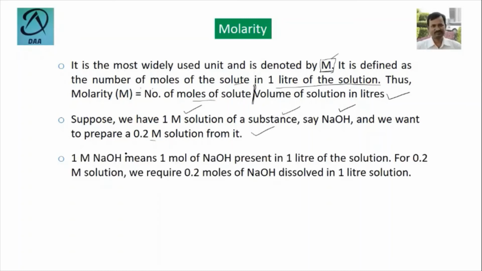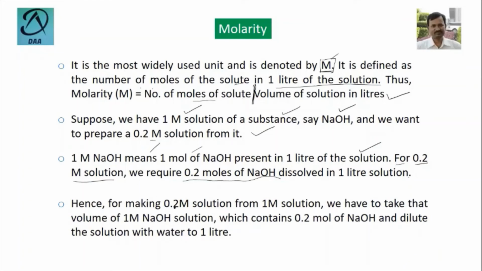So a 1 molar NaOH solution means, as per the definition of molarity, 1 mole of NaOH compound is present in 1 liter of solution. And for the 0.2 molar solution, what does it mean? That 0.2 mole of NaOH is dissolved in 1 liter of solution.